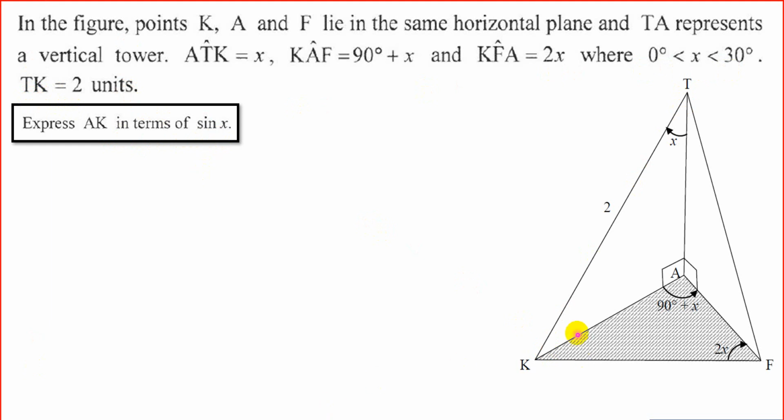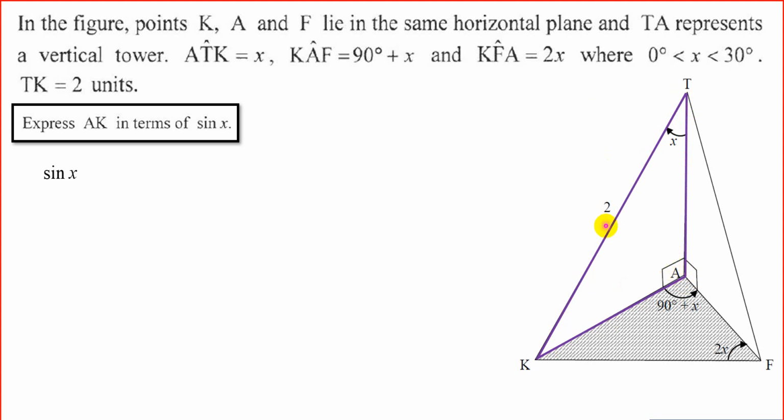So we're going to firstly zoom into this triangle that I'm going to highlight for you, triangle TKA. It is a right angle triangle, so we can use SOHCAHTOA, which is your sine, cos, and tan.